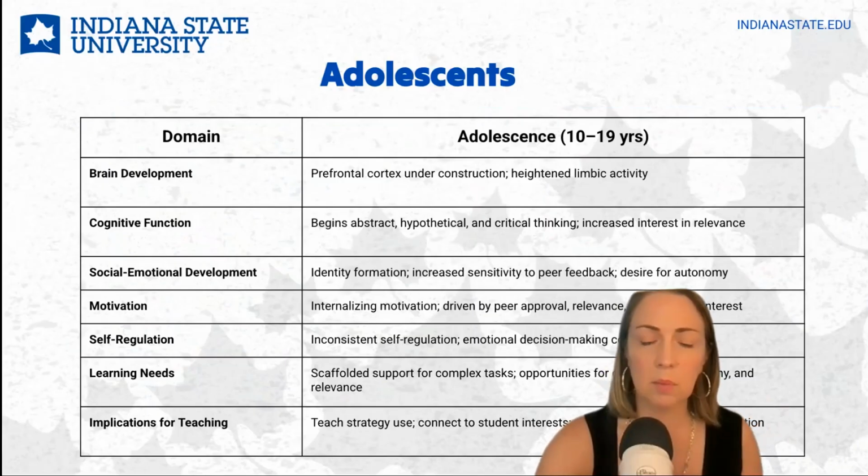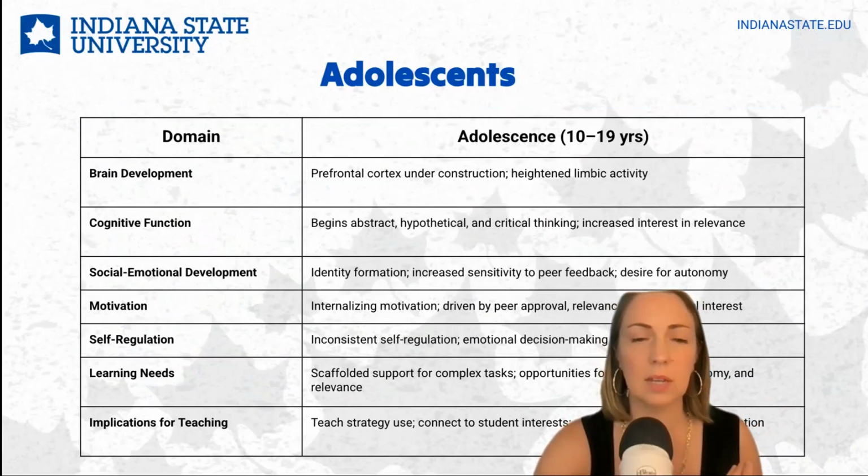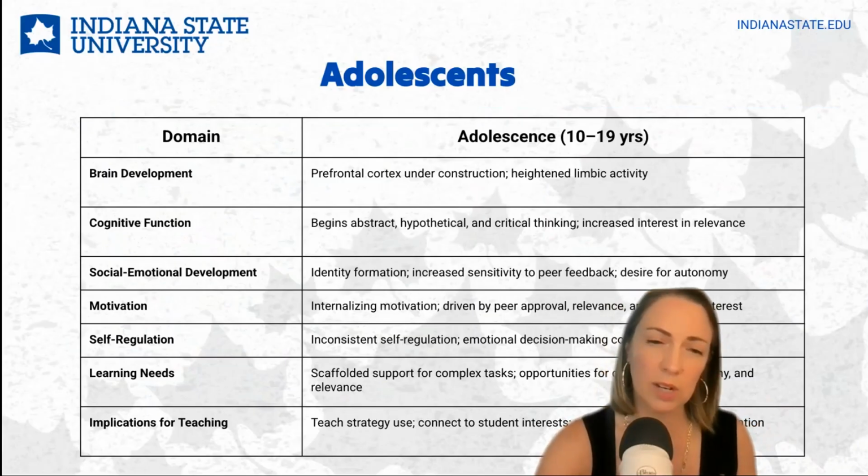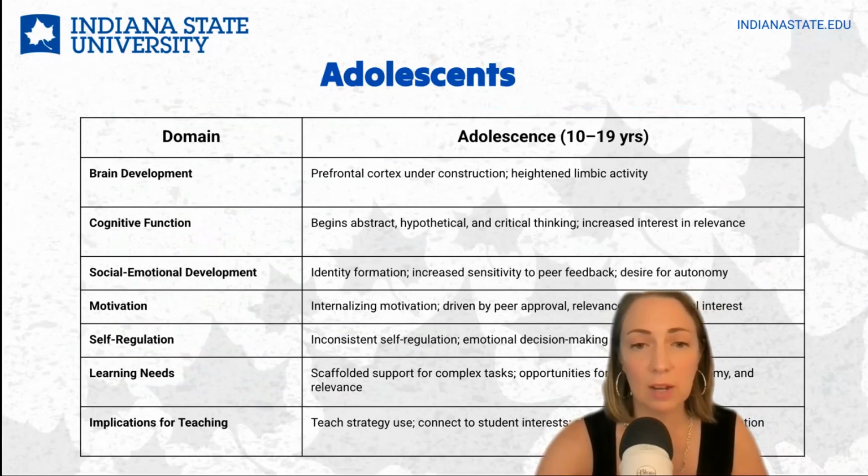This is also the time in the brain where you can start thinking more abstractly versus concrete. Think about moving from more concrete math into algebraic equations and things that are more conceptual. They are really motivated by peers, and peer acceptance is one of their top priorities, but they're also developing autonomy. So student choice is important, and peer collaboration.